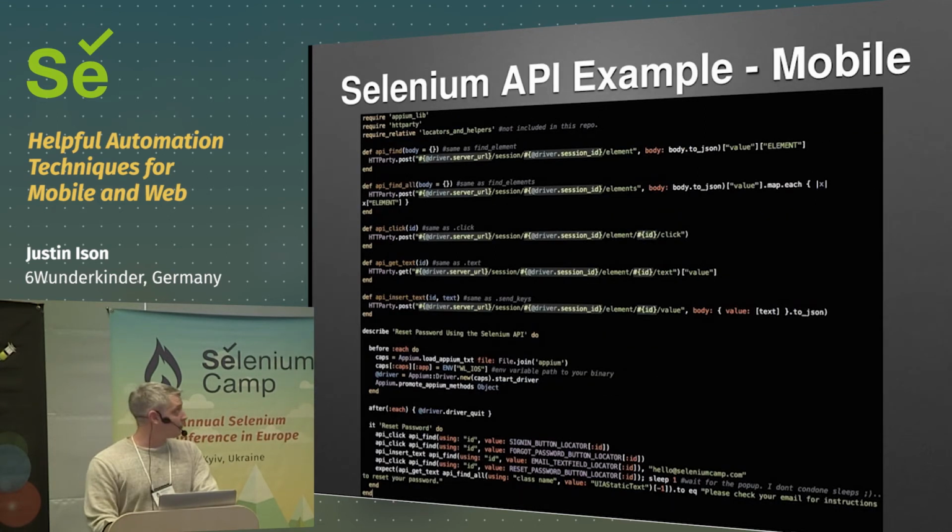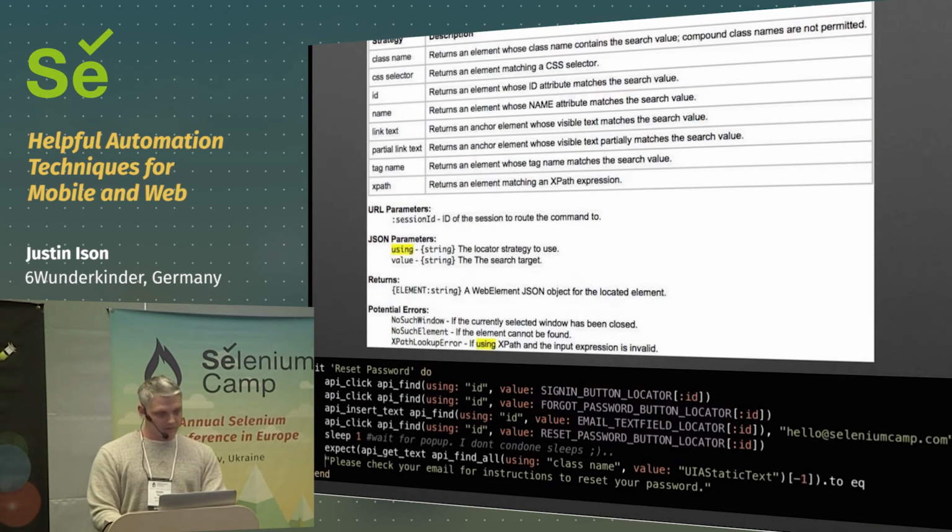So here's an example of a script. I just took the same script for reset password, and I'm now doing a bunch of posts and gets to essentially do the same thing. Here's the element strategy that's on the Selenium API protocol webpage.